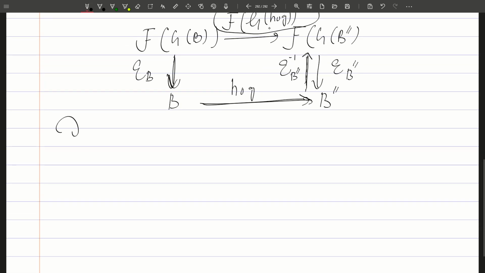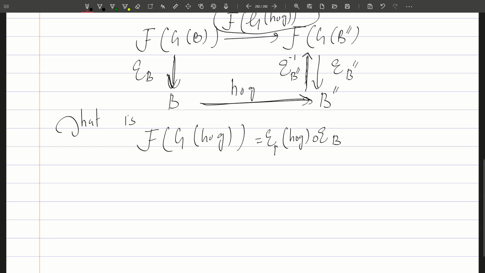That is, F of G of h composite g is the same as first going via epsilon B, followed by the map h composite g, followed by the map epsilon B double prime inverse.